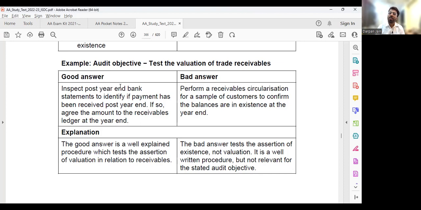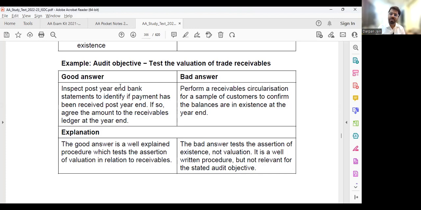You can see the post year end payments. You can check the payments which have happened after the year end. If the payments received from the receivables match the year end balance, then of course that year end balance's valuation is correct.